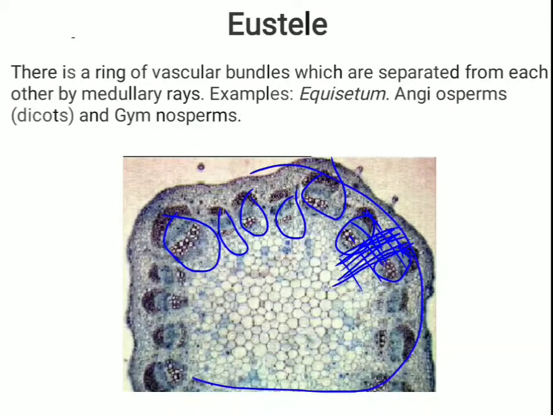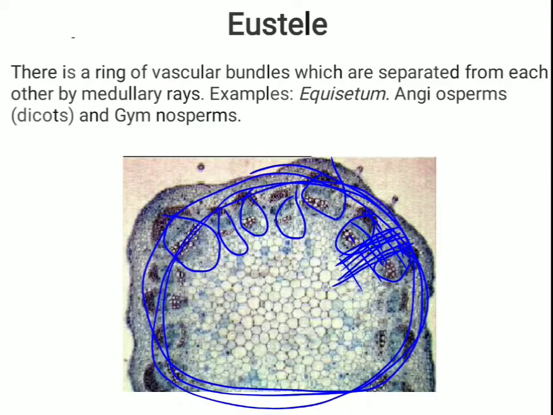You can see they are arranged in a ring manner, and this type of stele is known as eustele. Their main type is dictyostele, and dictyostele is divided into two types, eustele and atactostele. But how do eustele and atactostele differ?